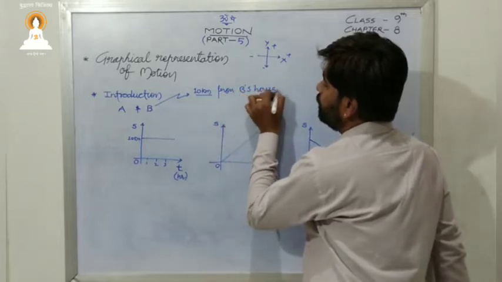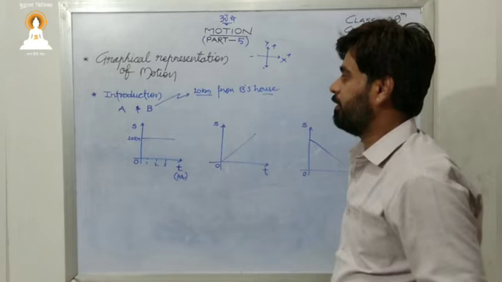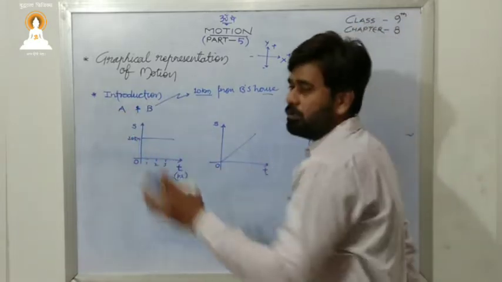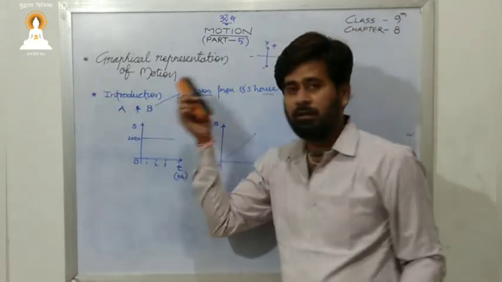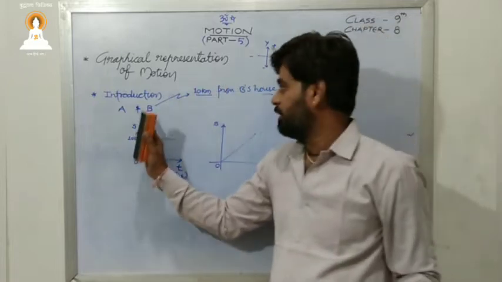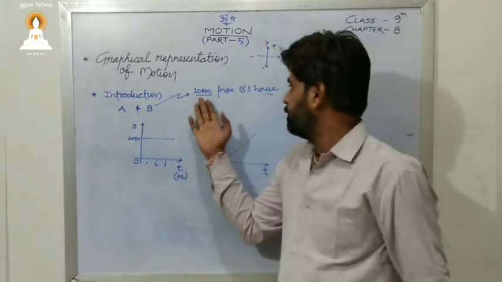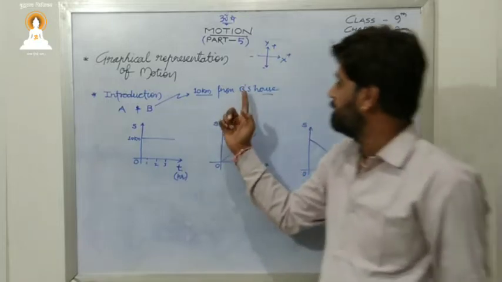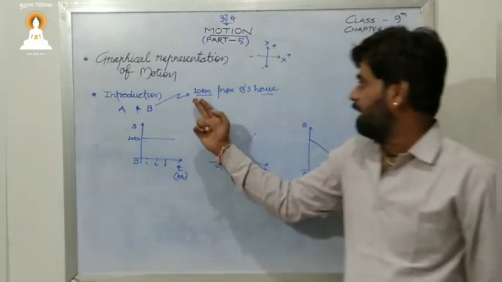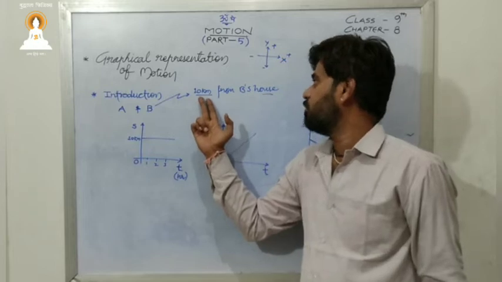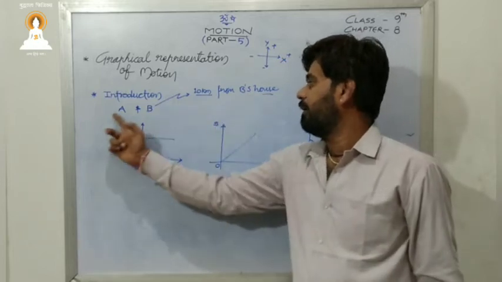According to the graph, A and B both talked, and A said that we will meet at that particular place. That place was 10 kilometers from B's house. Now B, 10 kilometers from his house, is waiting for A.